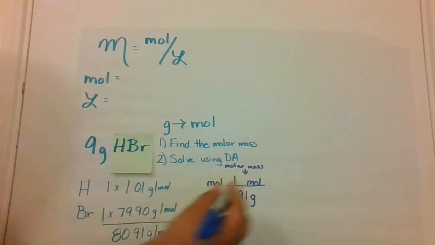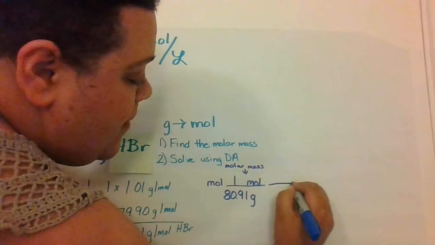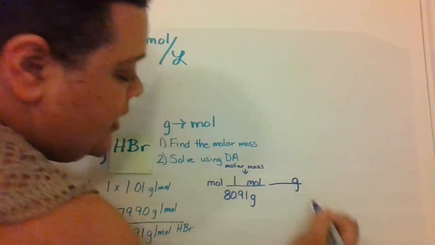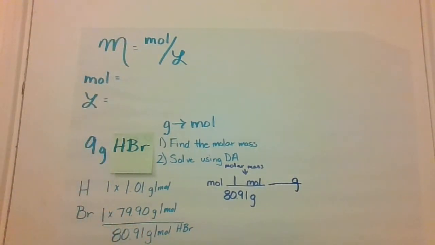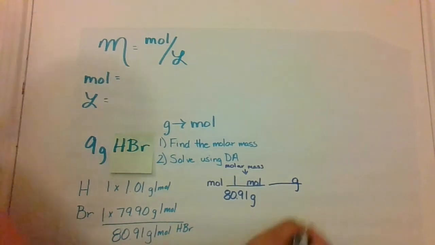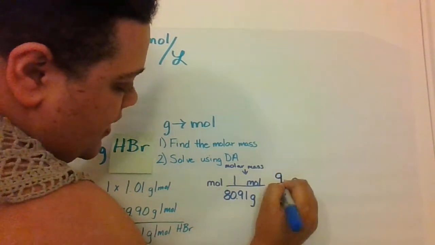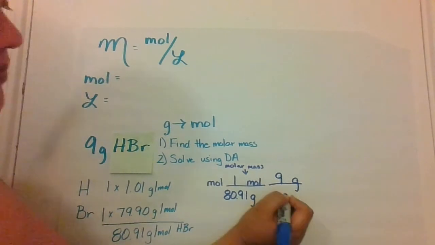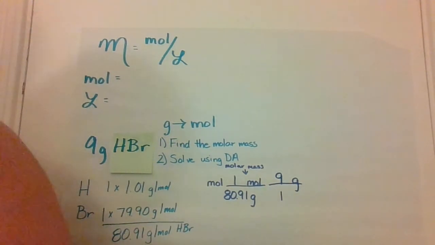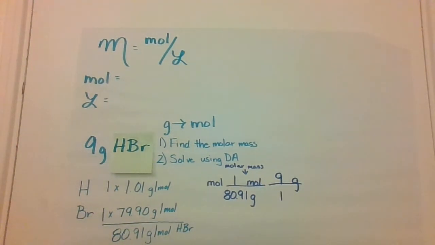Okay? Whatever unit is on the bottom, it goes directly across there. And now we can fill in some figure for gram because that's what we were given in the problem to begin with. Okay? It is all by itself. It was not attached to any other figures.